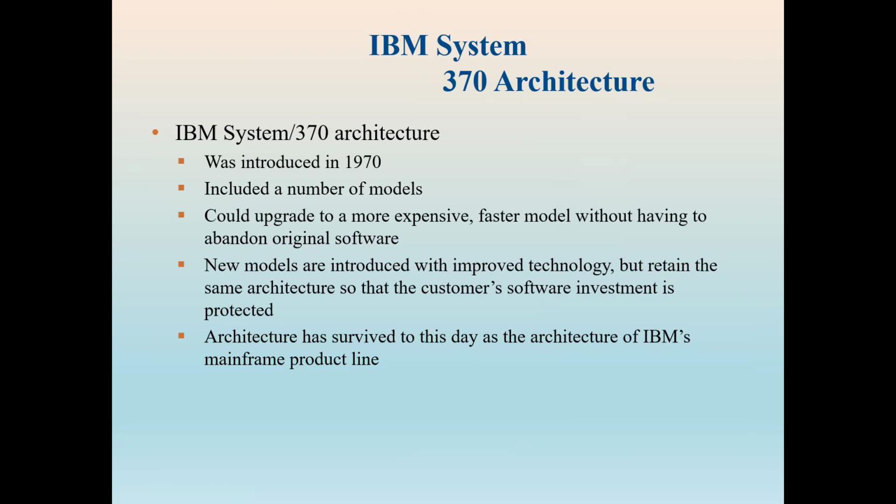Over the years, IBM has introduced many new models with improved technology to replace the older models, offering the customer greater speed, lower cost, or possibly both. The architecture has survived to this day as the architecture of IBM's mainframe product line.